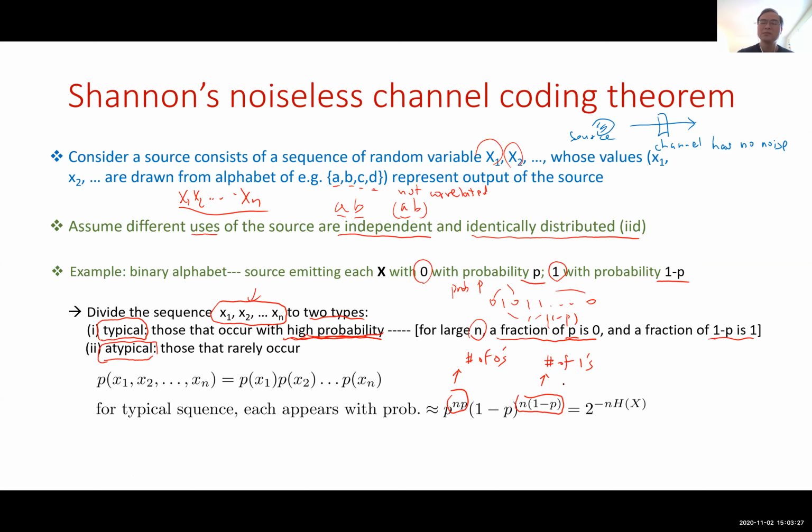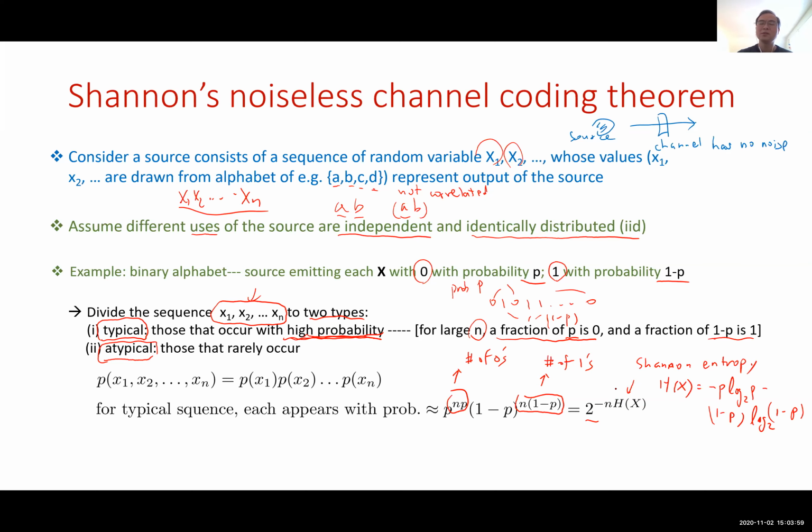Okay, so that's the probability of each, and this appears to be just 2 raised to minus n times the Shannon entropy. So this h of x in the binary case is minus p log 2 p minus 1 minus p log 2 of 1 minus p.